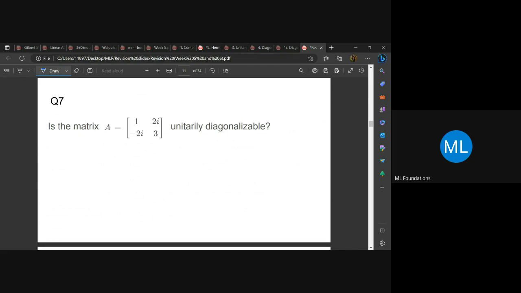You have seen this property before. Unitarily diagonalizable means you can write your A as U D U star, where U is your unitary matrix.